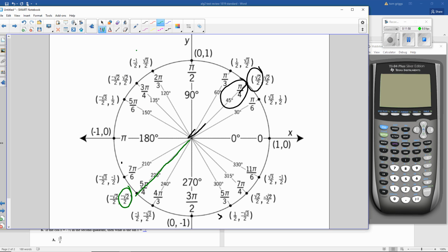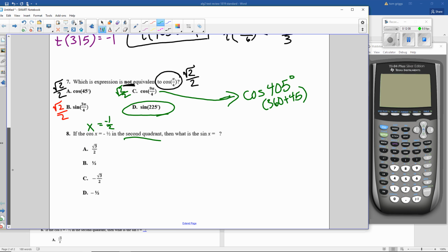In the second quadrant, x is negative 1/2 right here at 120 degrees. So that tells us that this unknown, it probably should be using theta instead of x, is 120 degrees.